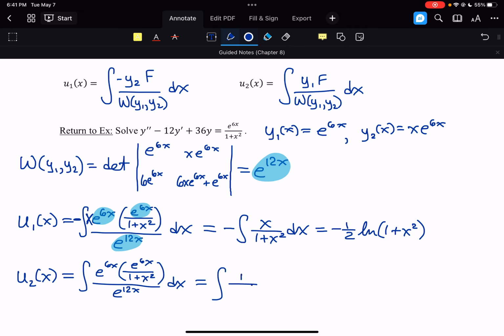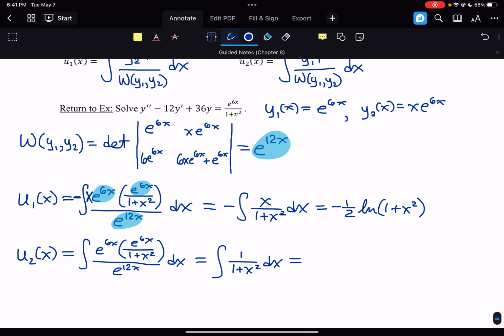So that's just going to be 1 over 1 plus x squared dx, which is kind of like a special antiderivative, but hopefully you remember it from Calc 1. That's the inverse tangent of x. And we don't need to include the plus c on either of these. So it's a particular solution. We can just let c be 0, so it's not going to show up at all.